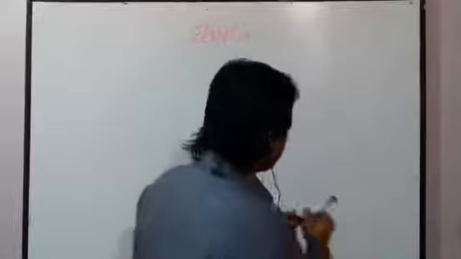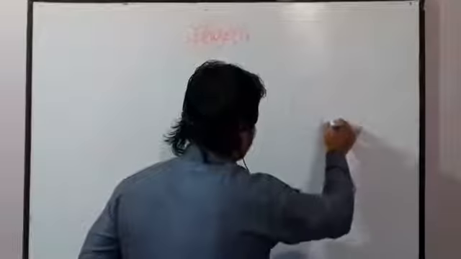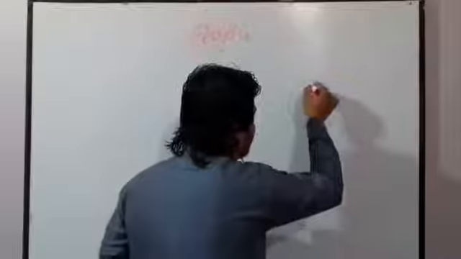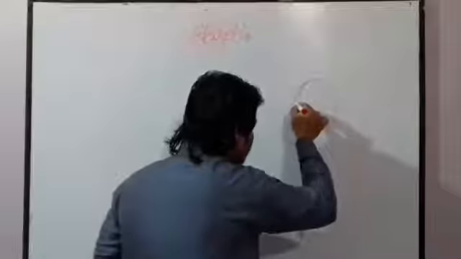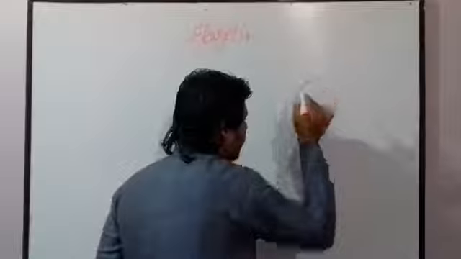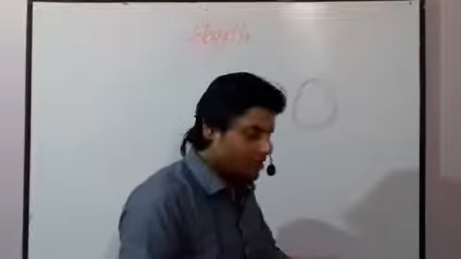Let's suppose this is the cell, this is the outer membrane, this is the cell wall, and this red one represents the cell membrane. Where exactly are the flagella present?